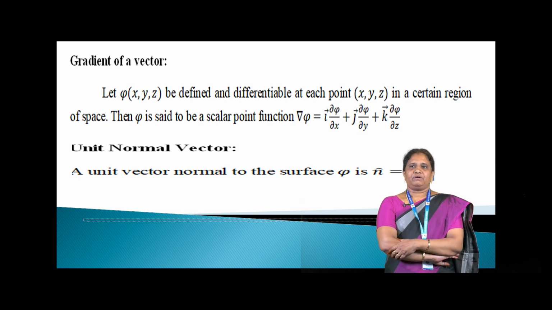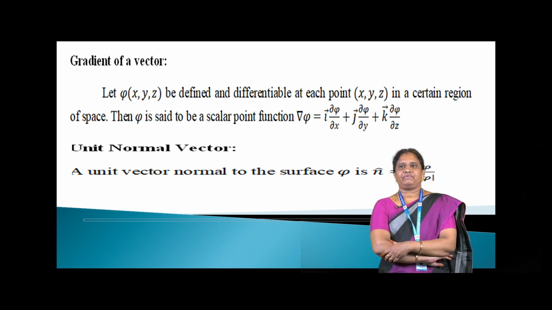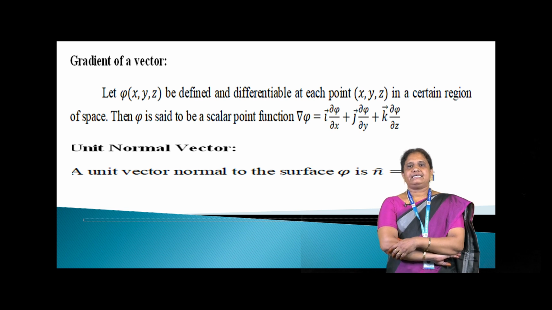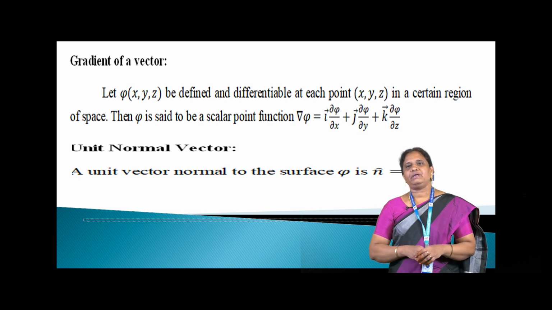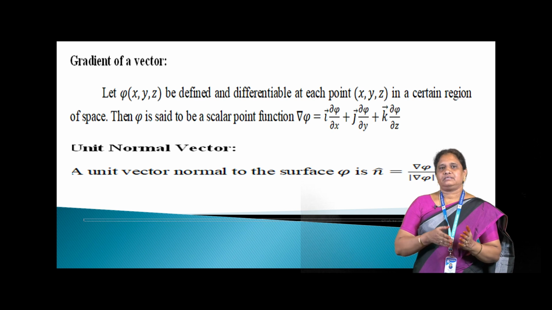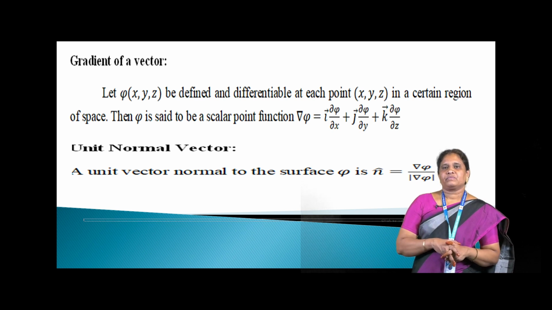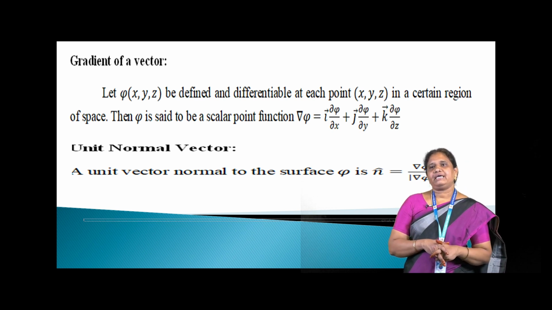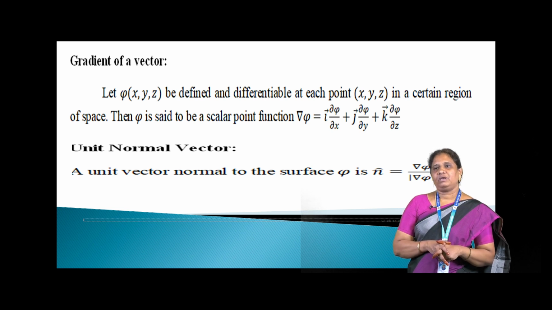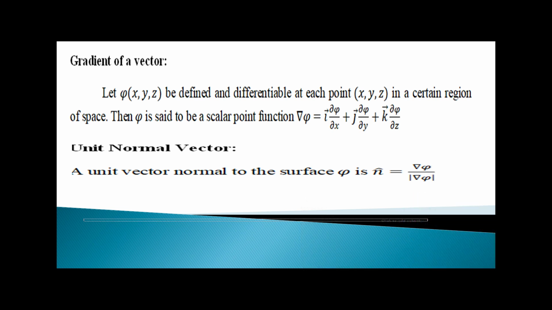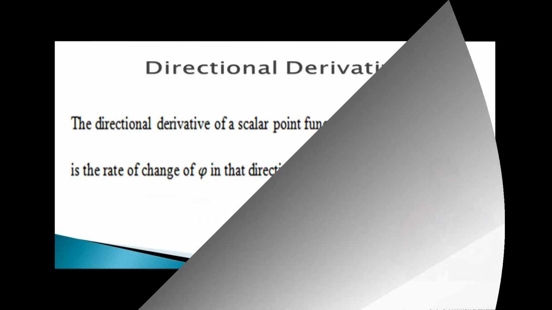This is the formula for finding the gradient of a vector, that is del phi. Next, the formula for the unit normal vector, that is the vector normal to the given surface. That is denoted by n cap, and the formula is del phi divided by modulus of del phi.